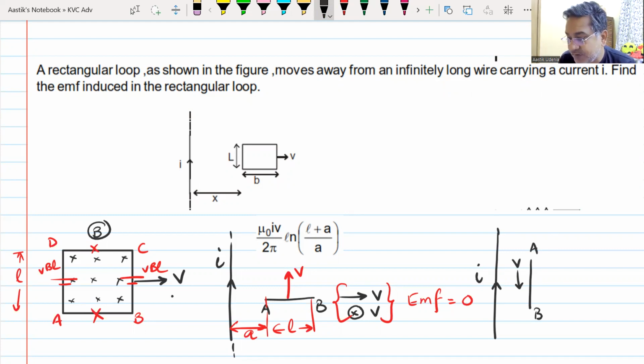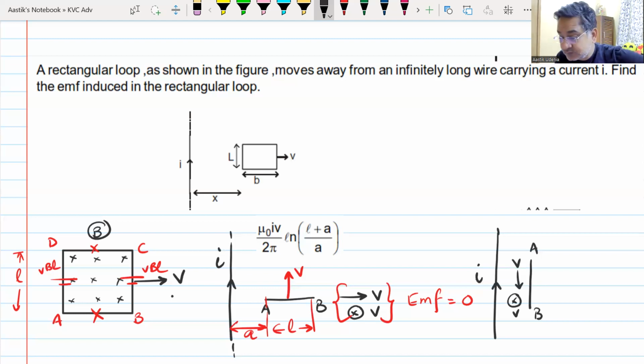What will be the EMF induced across the ends of the wire? 0, sir.